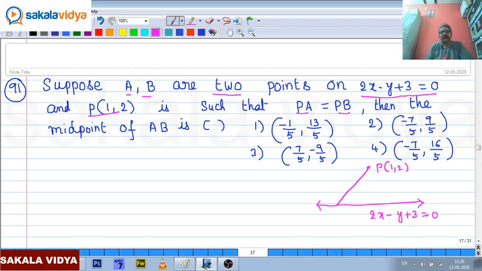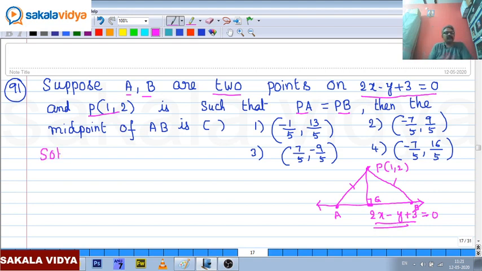Now, 2 points on this line, PA and PB, with PA equal to PB. So the midpoint of AB we need to find out. Say the midpoint is Q, you join PQ, it is perpendicular. Q will be the foot of the perpendicular from (1, 2) on the line 2x minus y plus 3 equals 0.